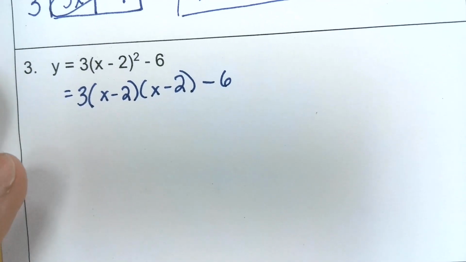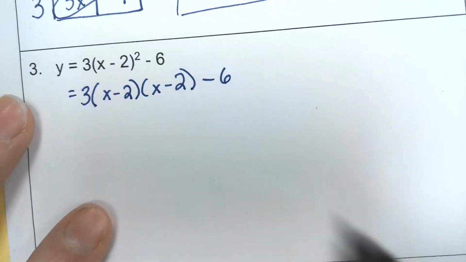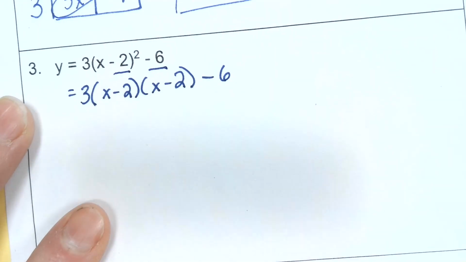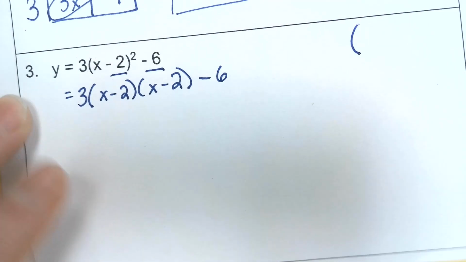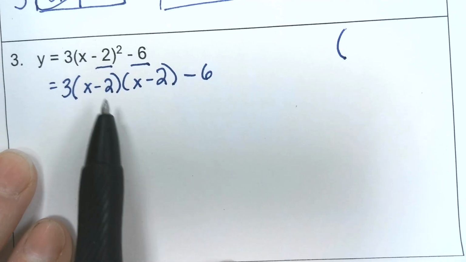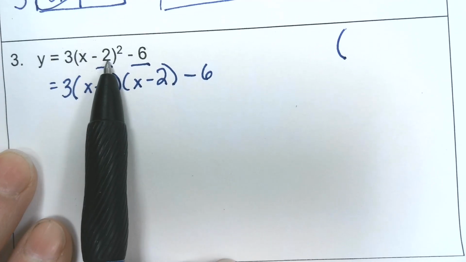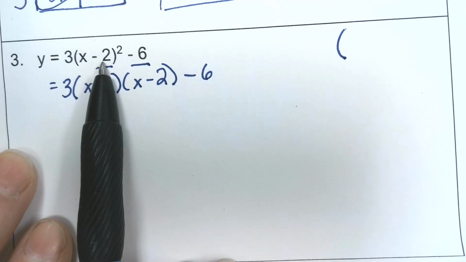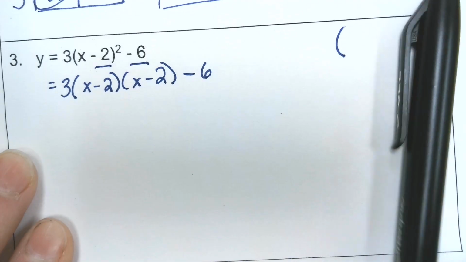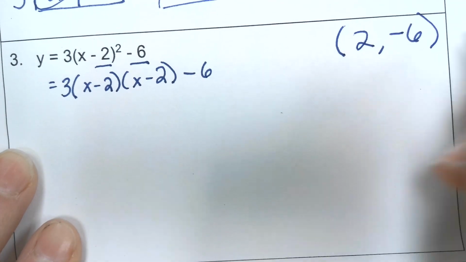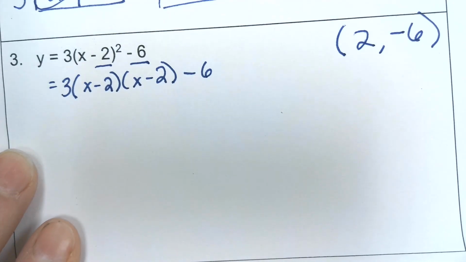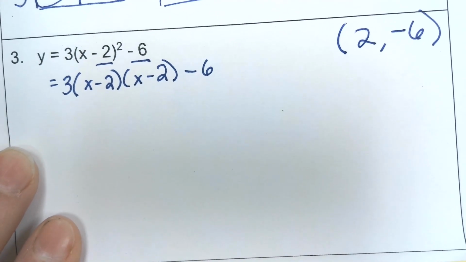Oh, I forgot to do the vertex. H and K. So the vertex is the H, which is always the opposite sign. So this is minus 2, so H is positive 2. But K is the sign that it says, so that's a negative 6. So we have the vertex.